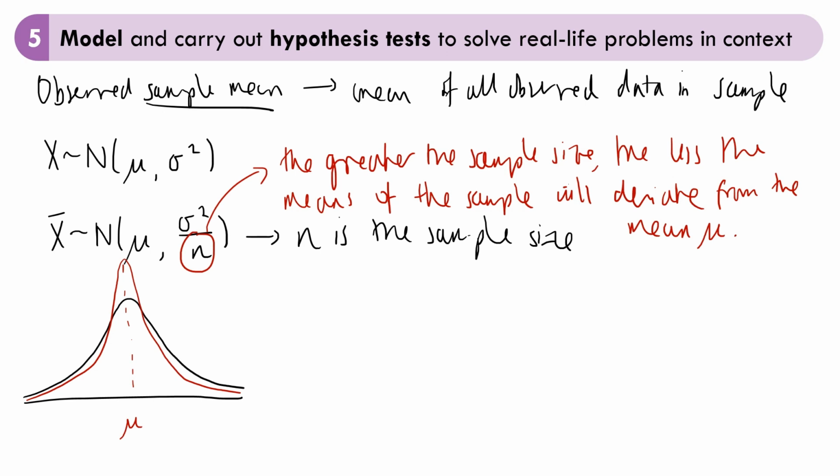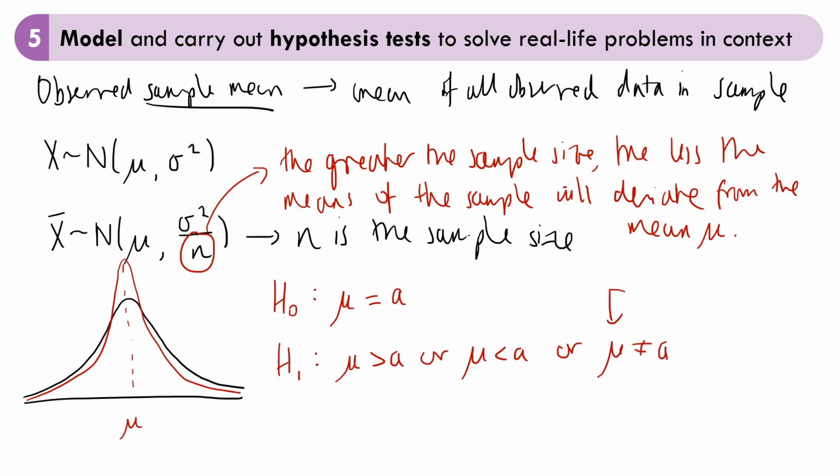Now, the null hypothesis here is going to be that mu is equal to the value given in the question. Let's call that A. And the alternative hypothesis will be that mu is either greater than A, or mu is less than A, or mu is not equal to A, in which case we have a two-tailed test.